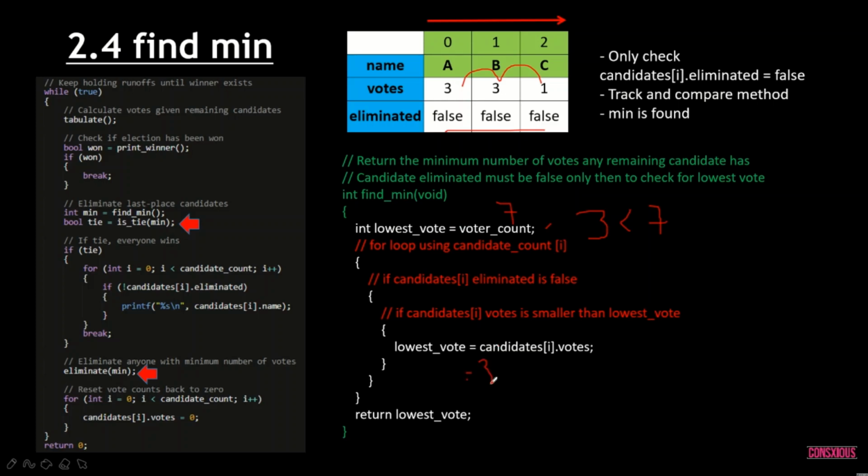Then if 1 is smaller than 3, it will become 1. So this is how we find the lowest vote count. Then we must remember to return the lowest vote. Because we must return a value, this value will go to the minimum here. After that, other functions can use this value.